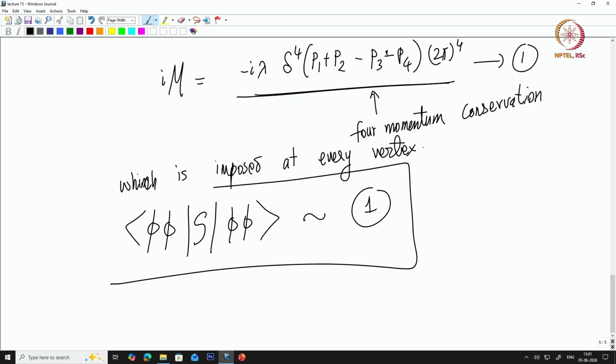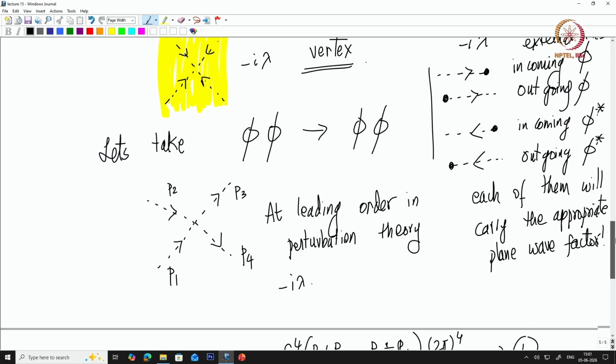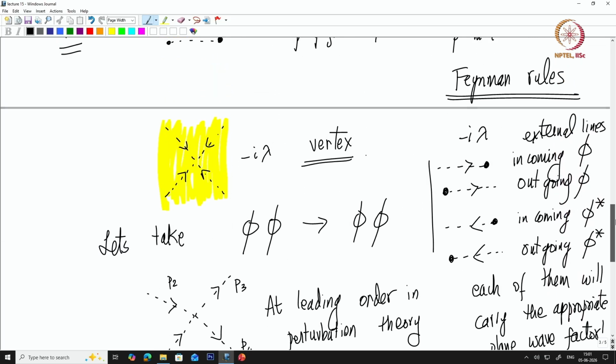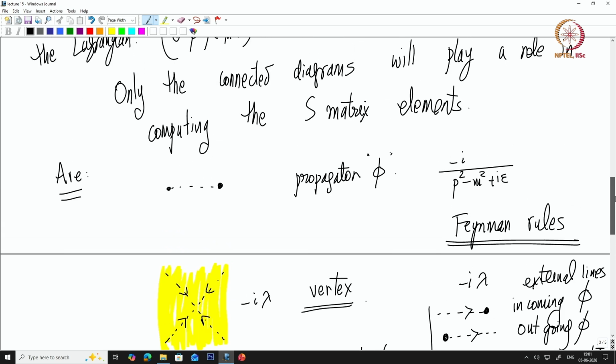Okay. So you have calculated your first amplitude without worrying about various things, just by using Feynman rules essentially. These Feynman rules will not tell you the Dyson series; they are directly written down carefully from the Lagrangian.